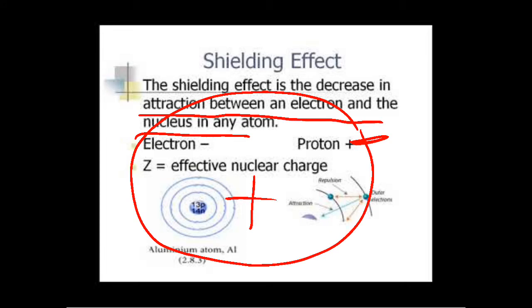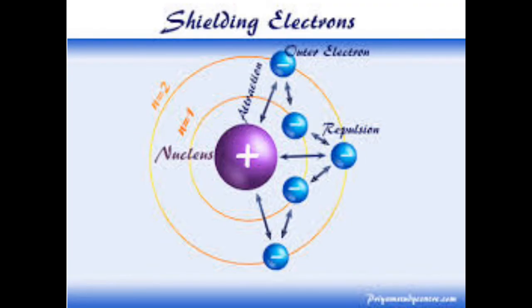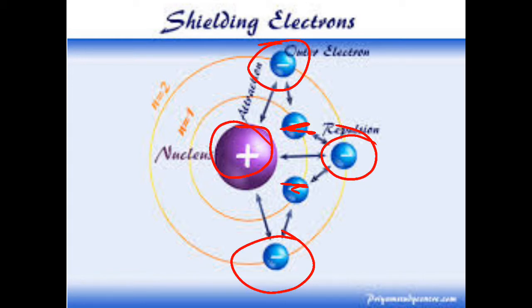Why is this effect decreased? Now we will understand with another picture. Suppose this is the nucleus in which positive charge is concentrated in a high density, and electrons are spread around the nucleus in different orbits. Now suppose these electrons are very much attracted by the nucleus because they are closer to the nucleus. But what about these electrons? They are in the second shell.